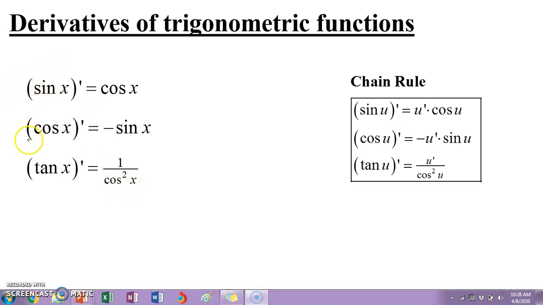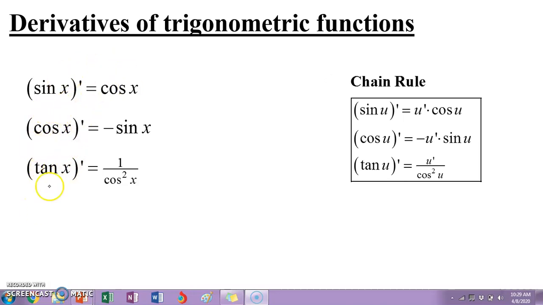Now, the justification for the rules of sine and cosine can in fact be done using the derivative from first principle, which we will be tackling in another lesson. However, the derivative of tan can in fact be justified using the quotient rule of derivatives.